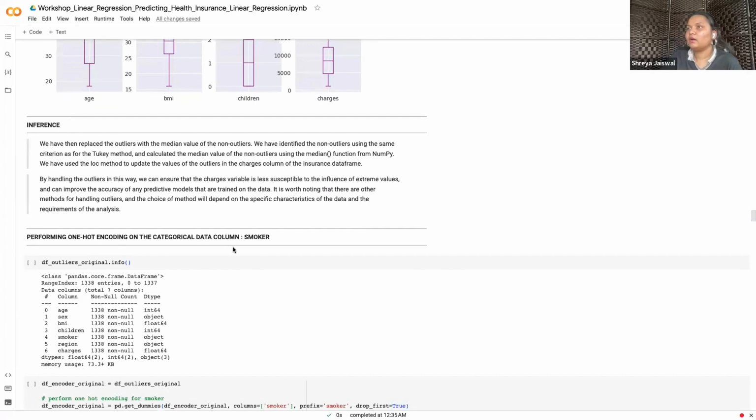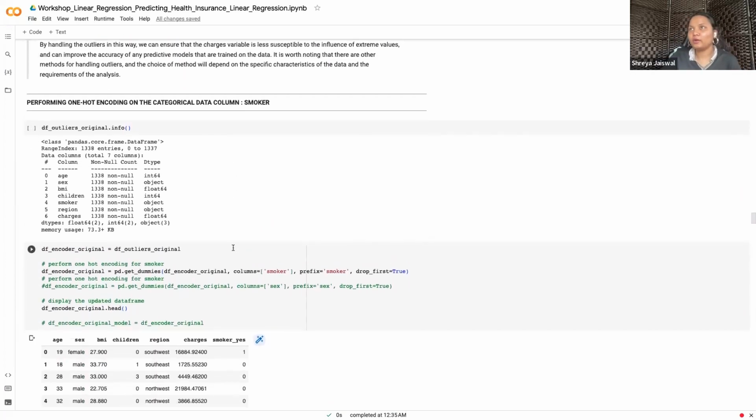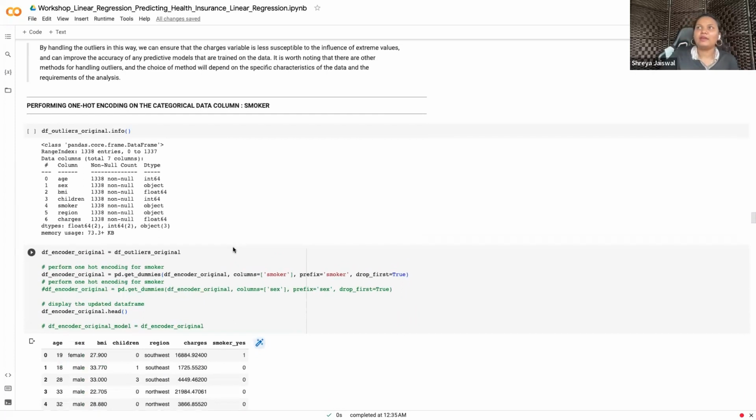One more interesting and important thing is one-hot encoding on categorical data. If you remember, in the beginning I mentioned supervised learning. It can be in quantitative form and it can be in qualitative form. When we are dealing with linear regression, the values are numerical and continuous.